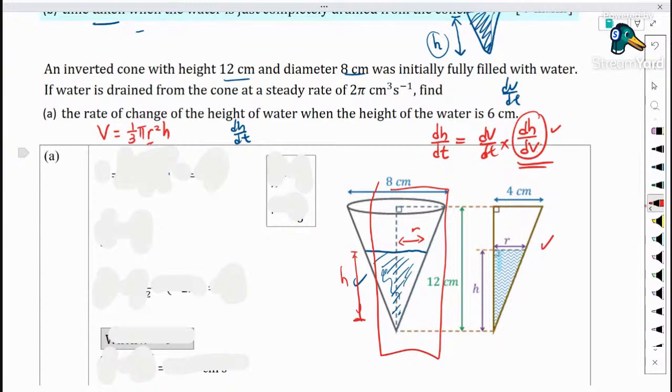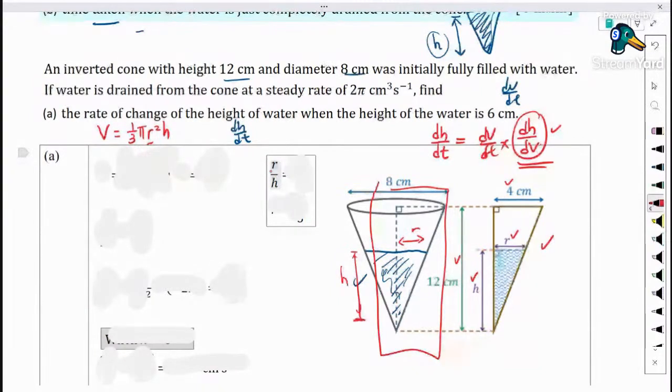Both of these triangles are similar triangles, where I can find the relationship between R and H. The two sides of this smaller triangle divided by each other should have the same value as the corresponding two sides of the larger triangle.